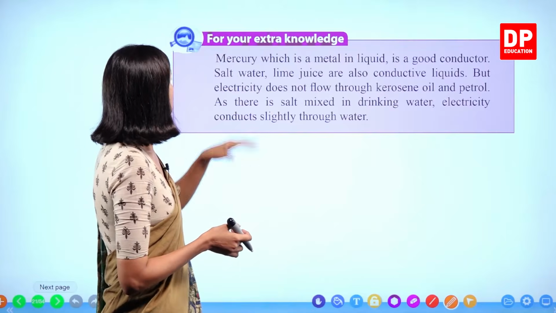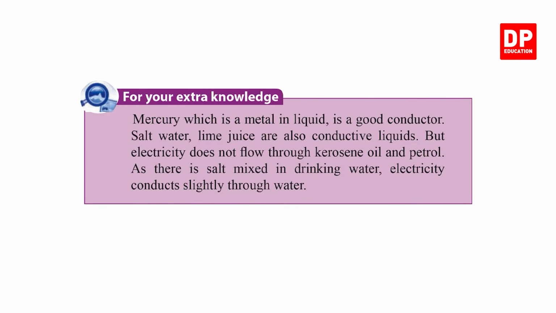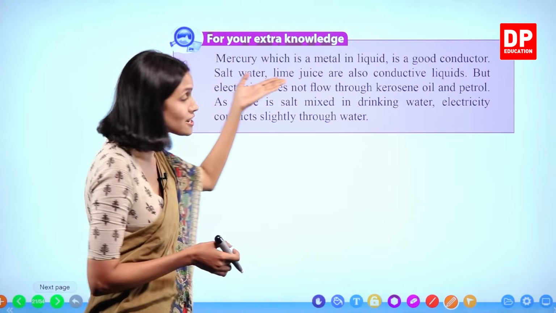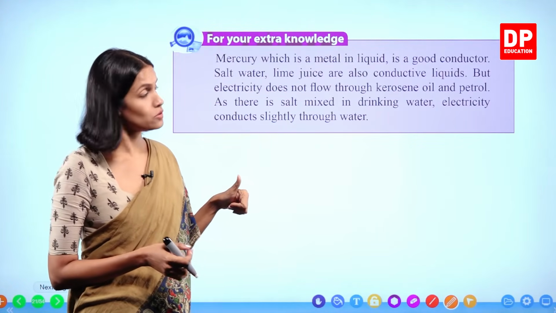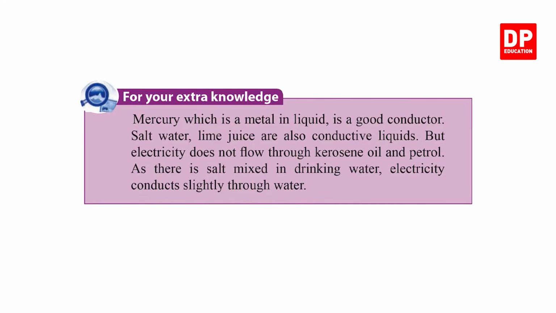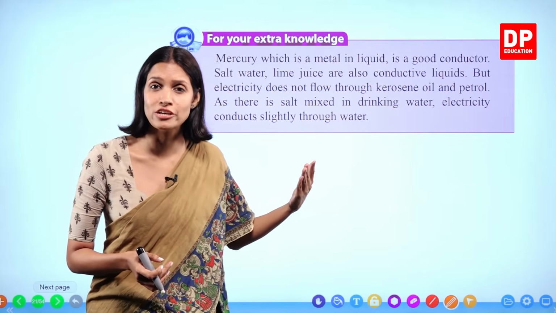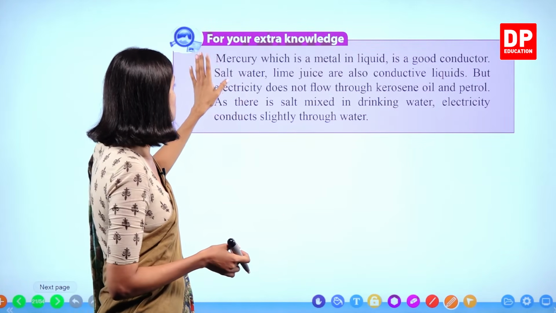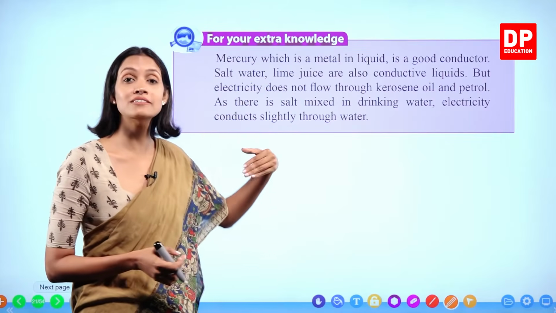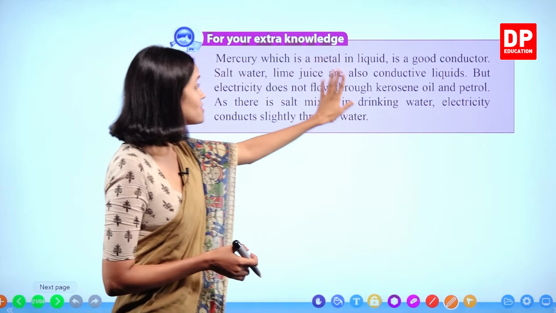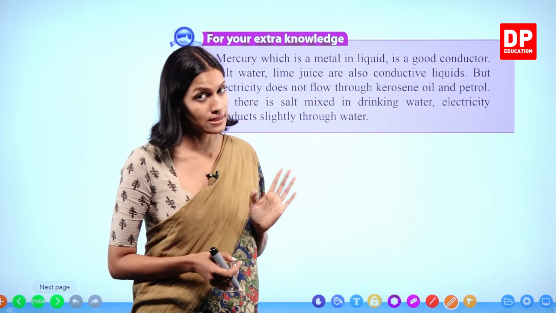Salt water and lime juice are also conductive liquids, which means they conduct electricity. But electricity does not flow through kerosene, oil and petrol. Now, these are very important for your general knowledge. Even though salt water and lime juice conduct electricity, kerosene and petrol don't conduct electricity.